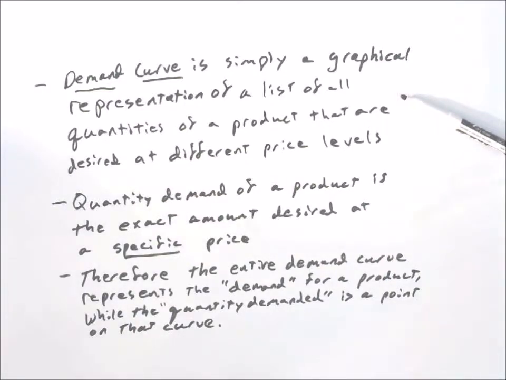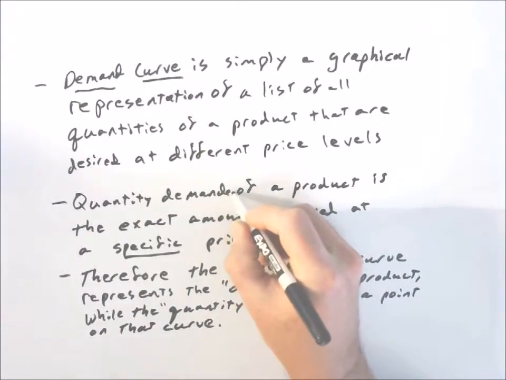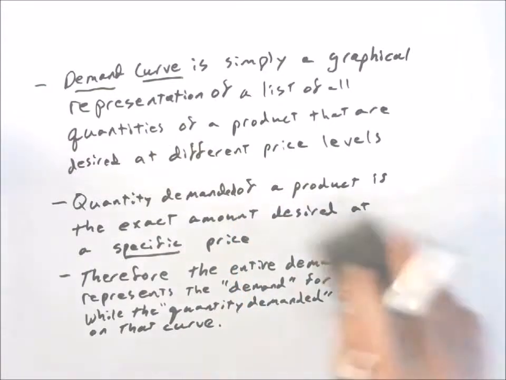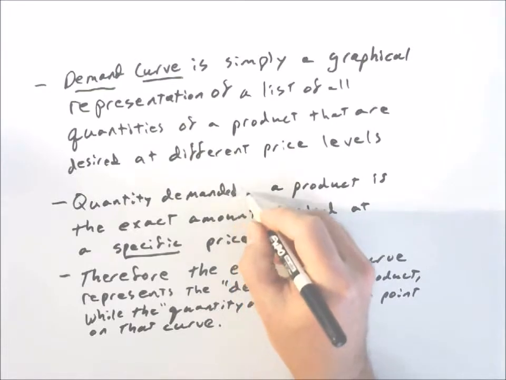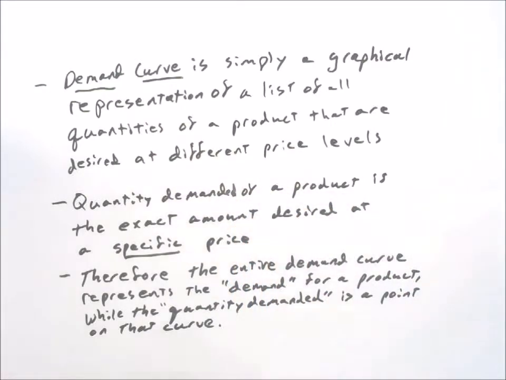That range of prices and that range of quantities that you would desire, the demand curve is the graphical representation of that schedule. The quantity demanded of a product, however, is the exact amount desired at a specific price.